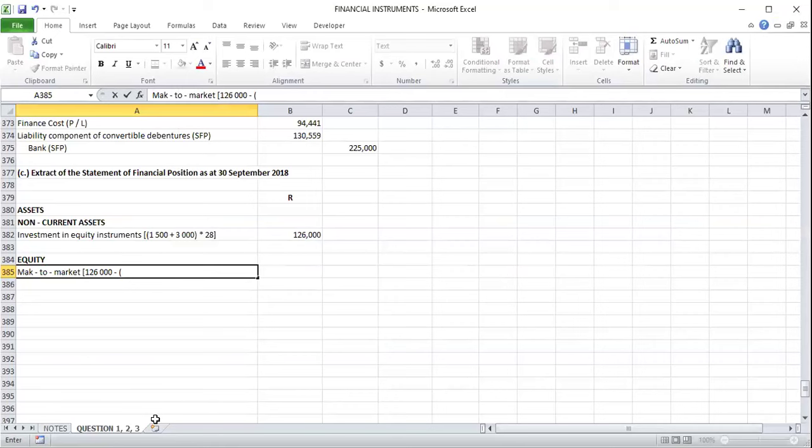So we'd say 126,000 minus 36,000, minus 2,500, minus 3,000 times 26.50, minus 4,800. So we're subtracting the cost and all the transaction costs. They will be included there in the cost. What do we get?